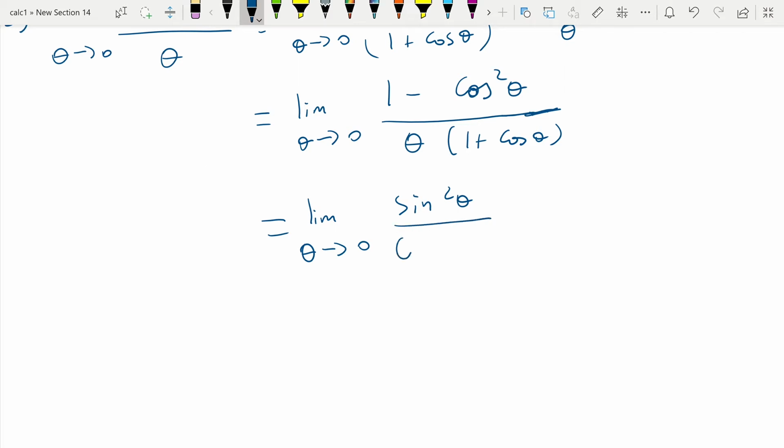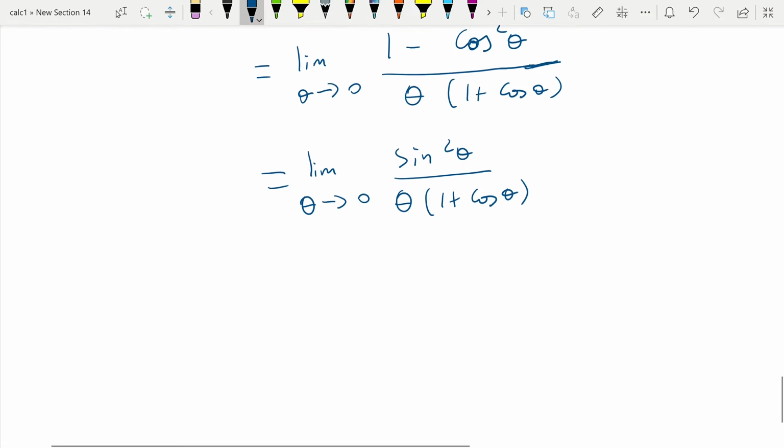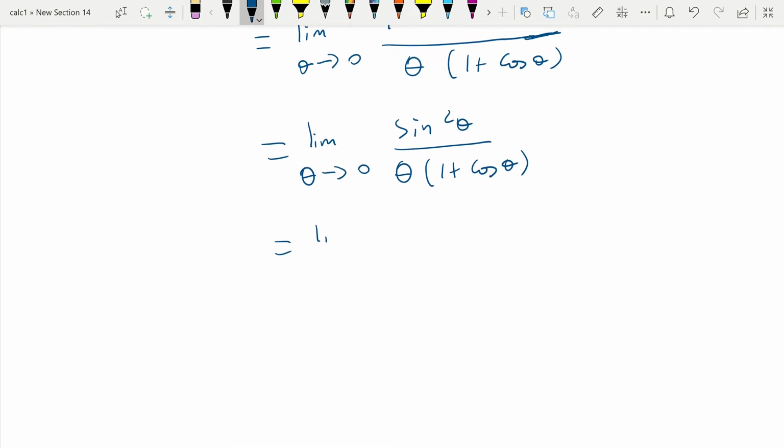So we get 1 minus cosine squared, which is sine squared of theta, divided by theta times 1 plus cosine of theta. Now we write this as the limit as theta approaches 0 of sine of theta over theta times sine of theta over 1 plus cosine of theta.